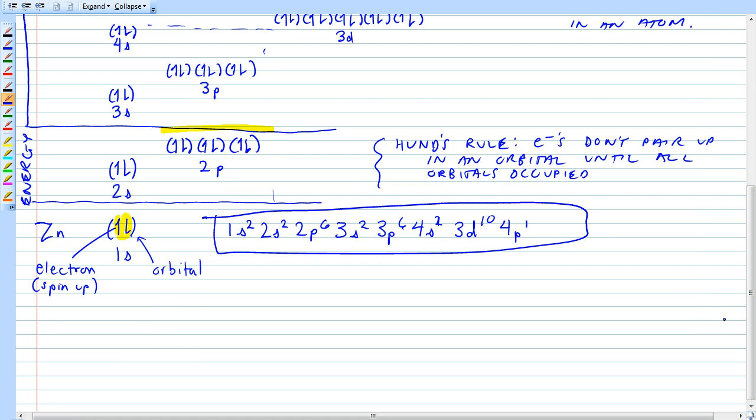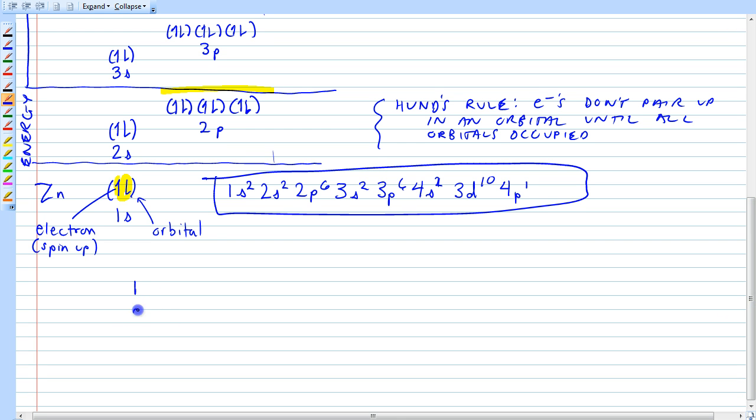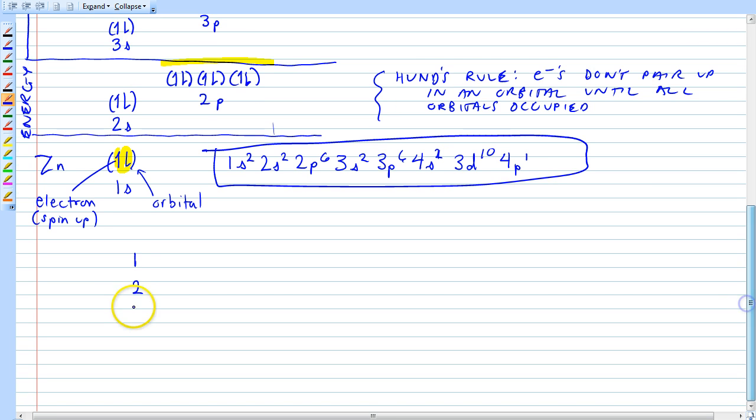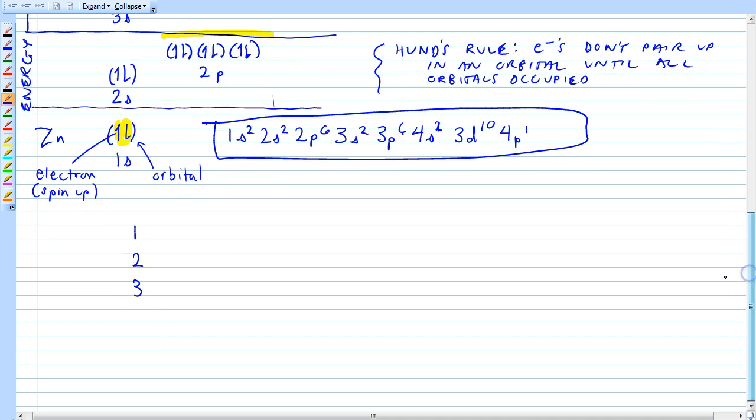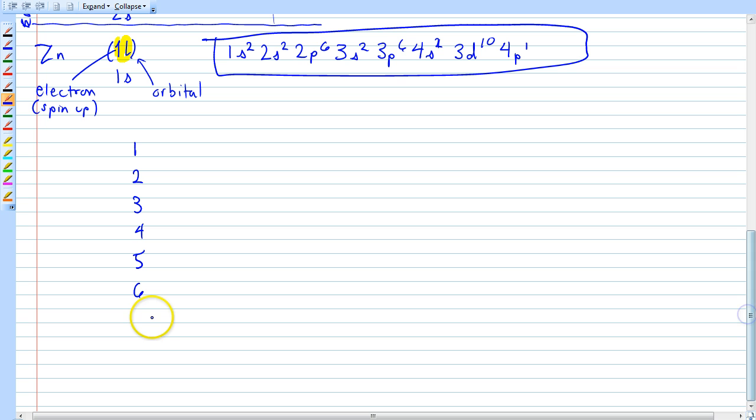So what is the order of filling? Here's how it works. I'm going to draw what we've called the Christmas tree diagram, and I think you'll see why it's called that. 7, this is the highest principal energy level you'll have to go. So this is n, the principal energy level. And then, of course, there's an s sublevel in each one of these.